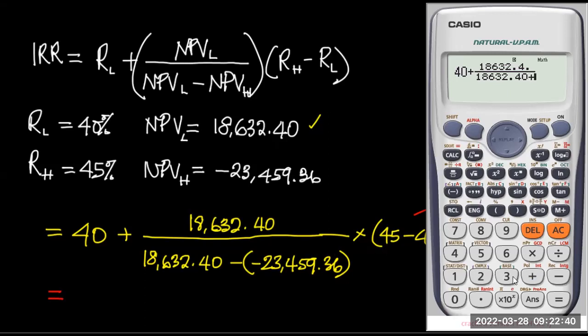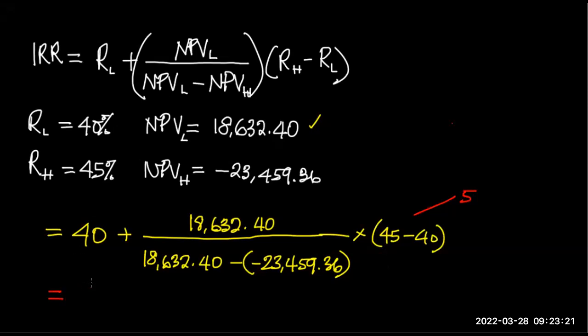Negative is positive, so I just do plus 23,459.36. I need to multiply this by the difference. 45 and 40 have a difference of 5. So that's it. Oh, did I make a mistake? This was supposed to be 0, not 4. I delete and put 0. It equals 42%. Hooray.